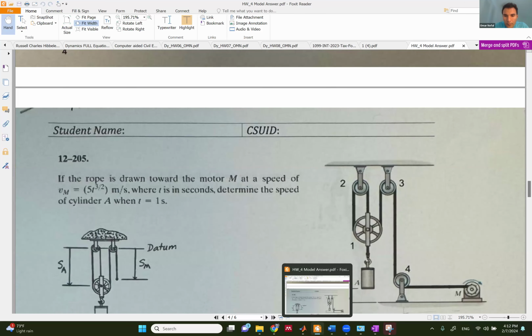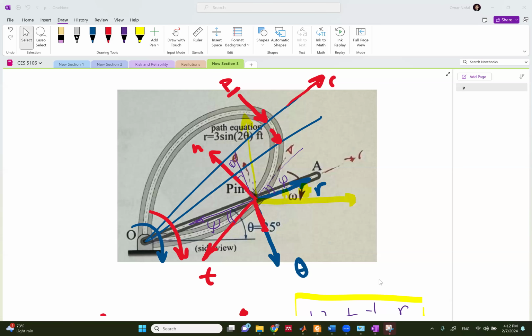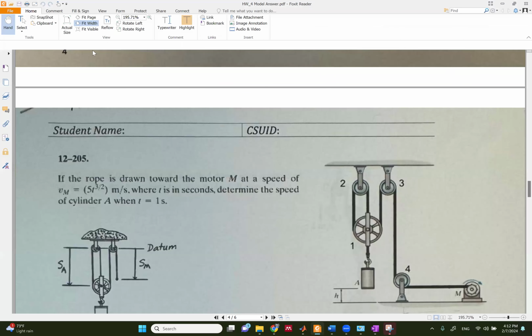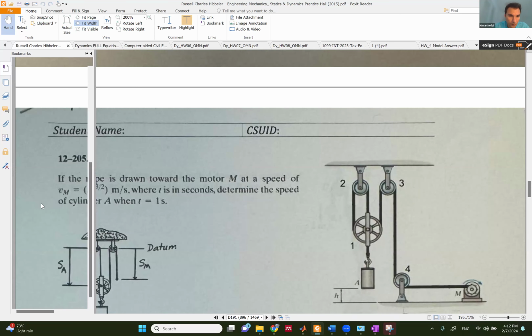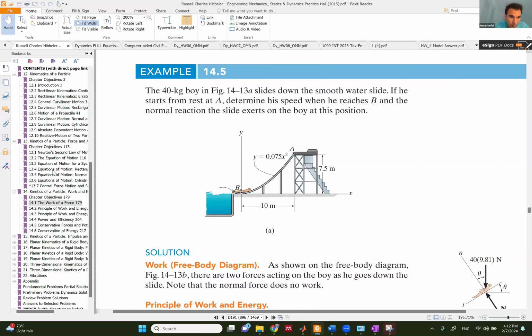Let's get it from the textbook. There's a couple in the lecture PDFs, so you may want to check that out. I think there's some here.